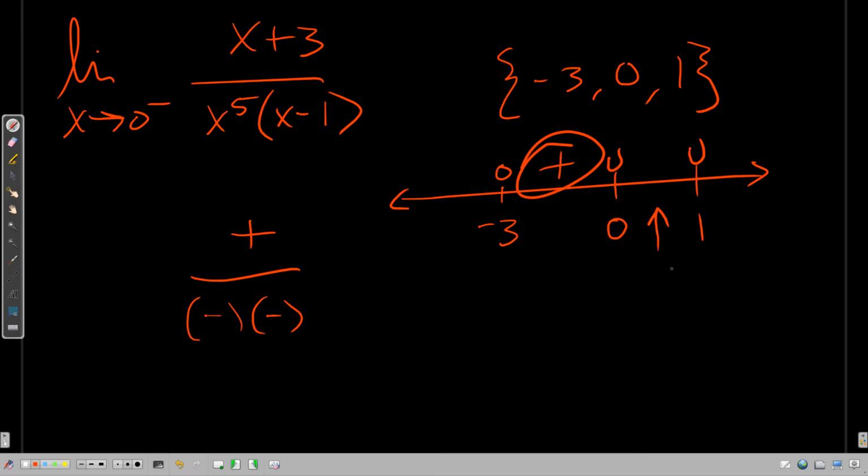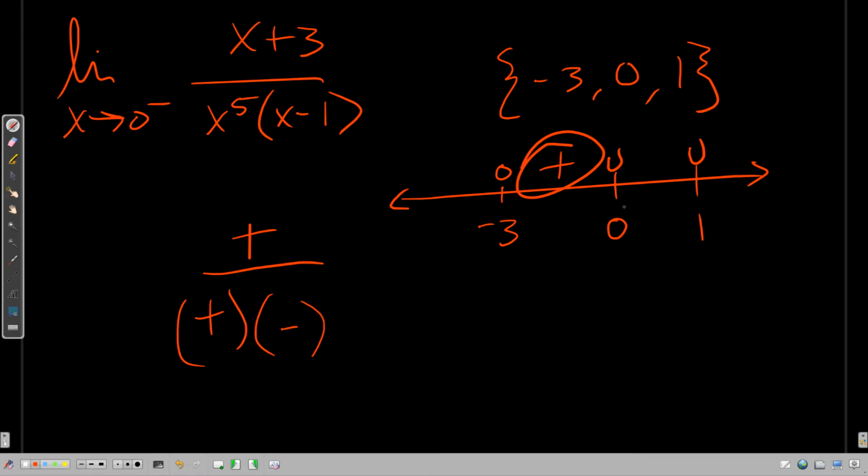Because numbers in this interval are positive numbers, right? And we haven't made it to the 1 yet, so this term won't switch, right? Take a number like 1/2. Then you're going to have a positive numerator, and the x to the 5th will be positive, and 1/2 minus 1, that's negative.